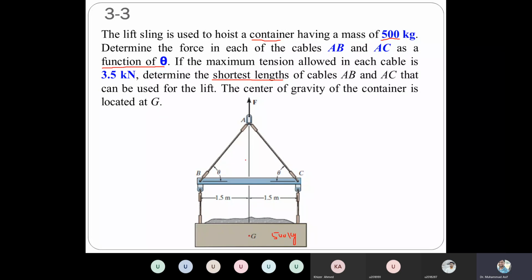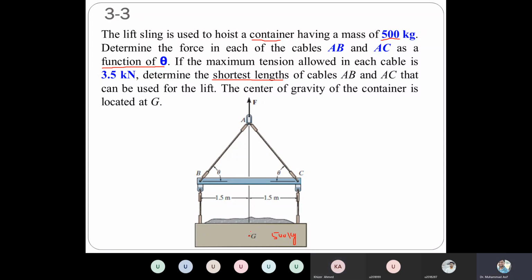For that case, first of all, you need to calculate these forces. That means we have to draw the free body diagram, so which particle do we select, because it has many particles? Sir, we will select the center of the body, G. You mean we'll select G to calculate?